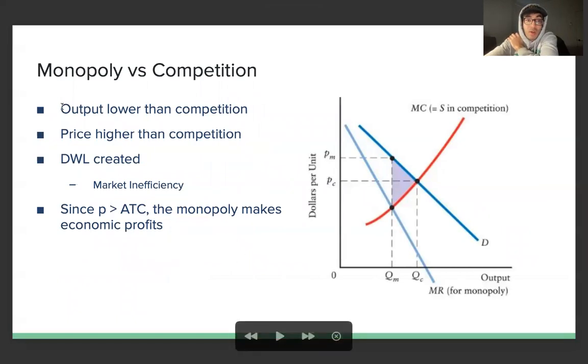So the output is lower than in perfect competition, and that's because the MR curve is not equal to the price, nor is it equal to the demand curve. There's a deadweight loss, as I said, and since the price is greater than the average total cost, you have profits because you're selling at a price that's higher than covering your average total cost.